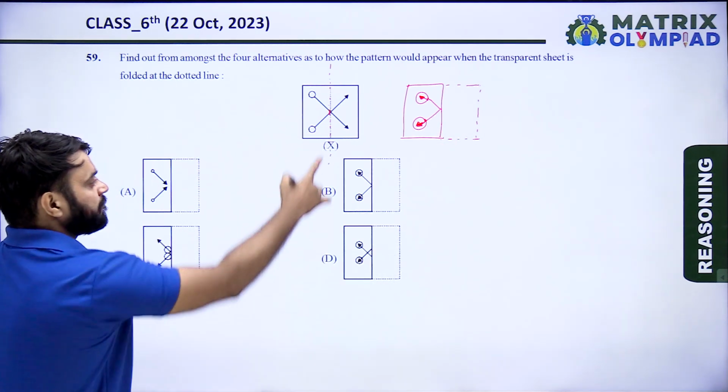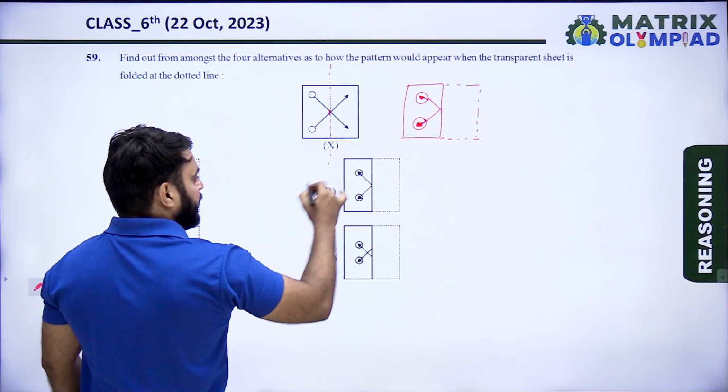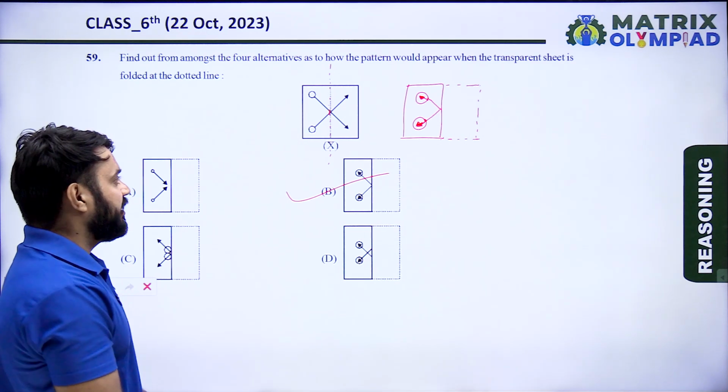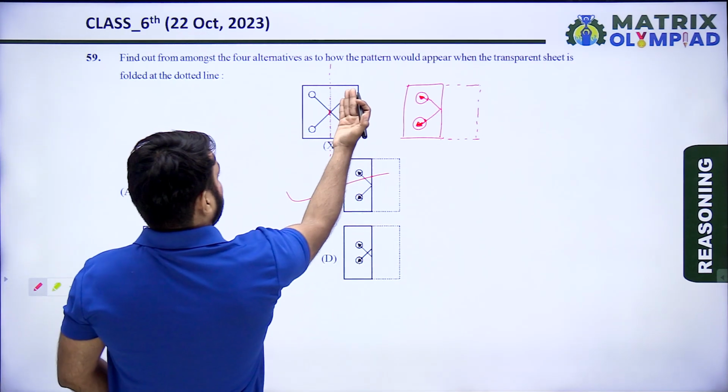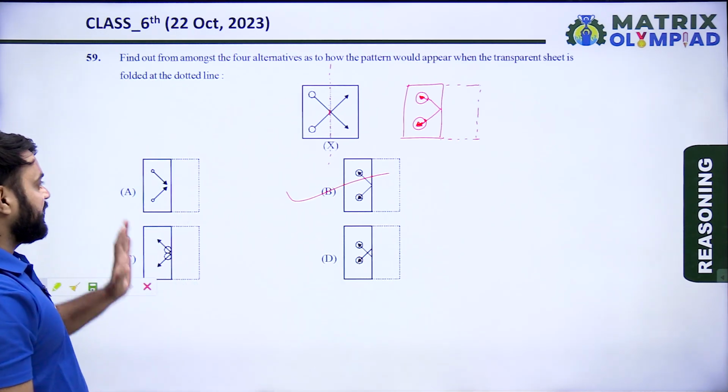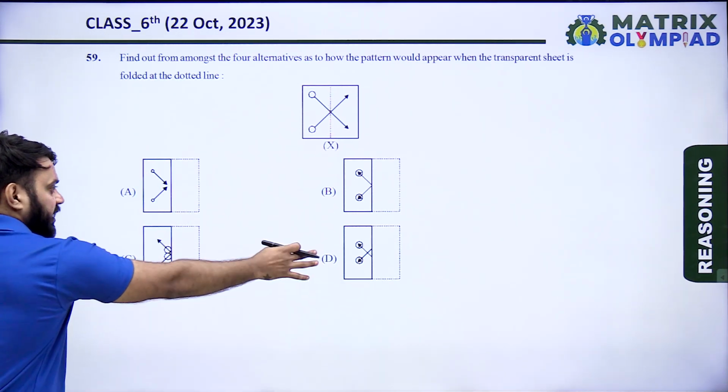It means option B is the correct answer of this question, because option B shows the correct folded image of the given figure. So here option B is the correct answer. So let's move on to the next question.